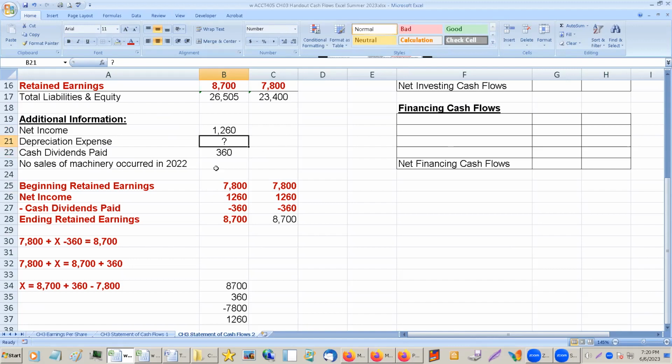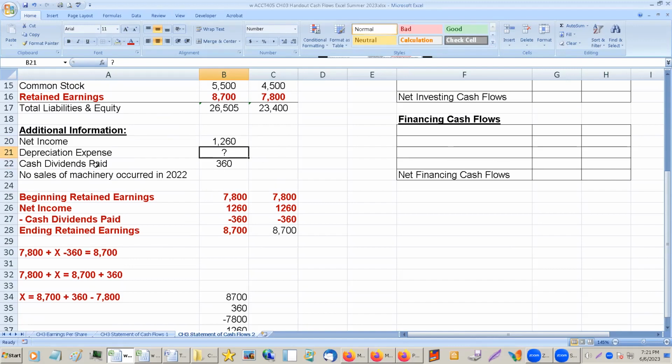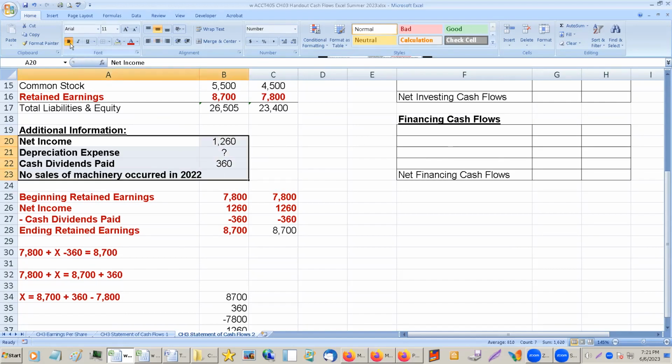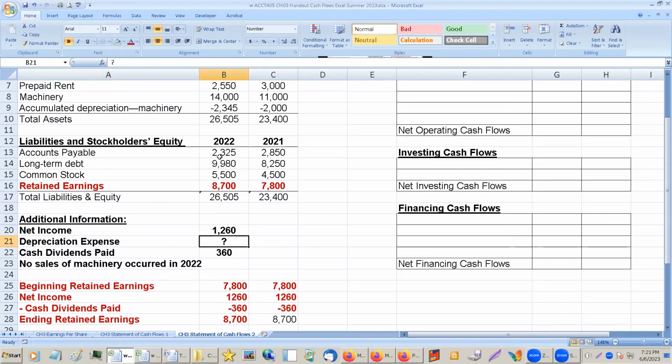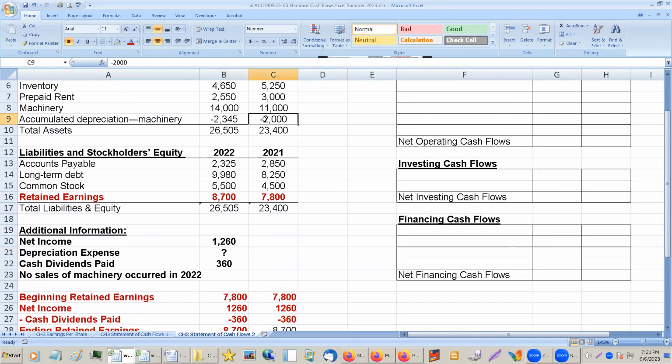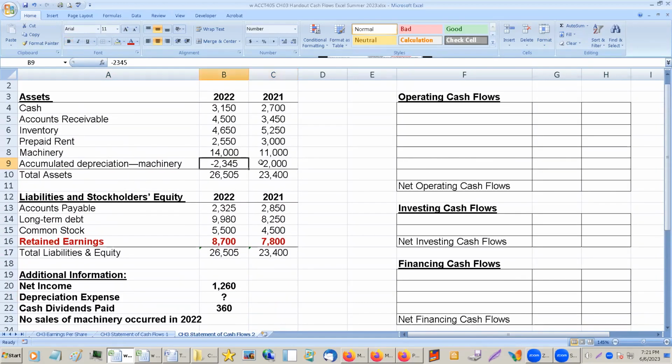Depreciation expense is actually a little bit easier. Notice that our depreciation of this machinery went up by $345. So that will be the depreciation expense.